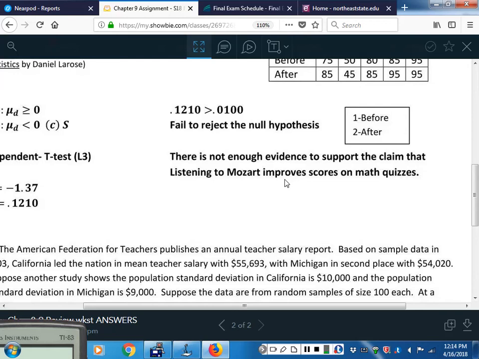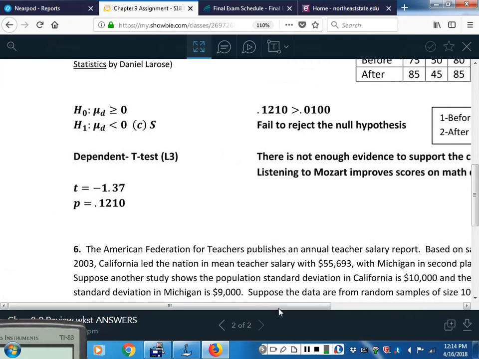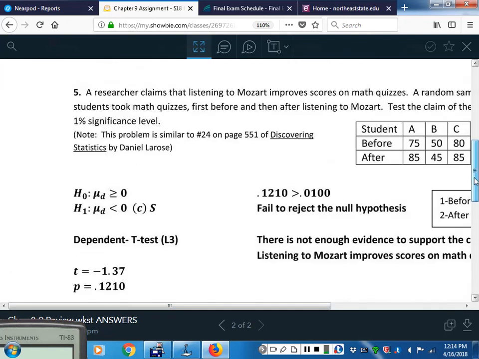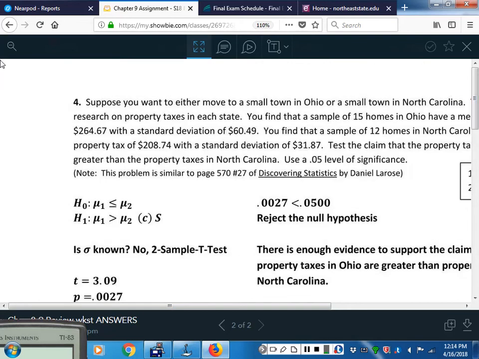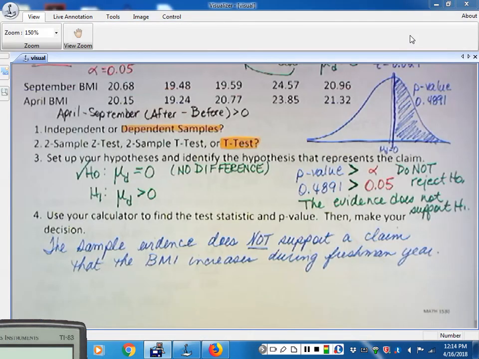Actually, the way you word your conclusion would be the same. There really isn't a right or a wrong way to do it. It's just that I tell you to do it that way so we'll always be consistent in the way that we answer the questions in class. But your conclusion should be the same either way. Thank you.